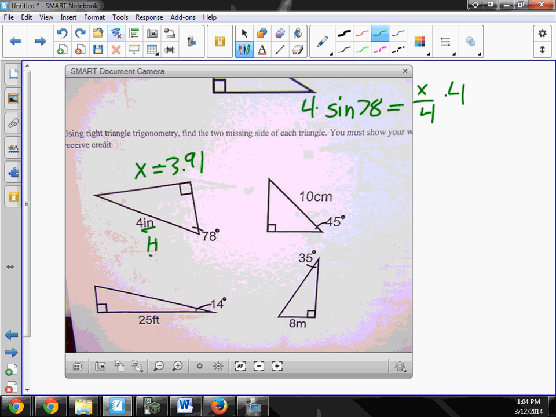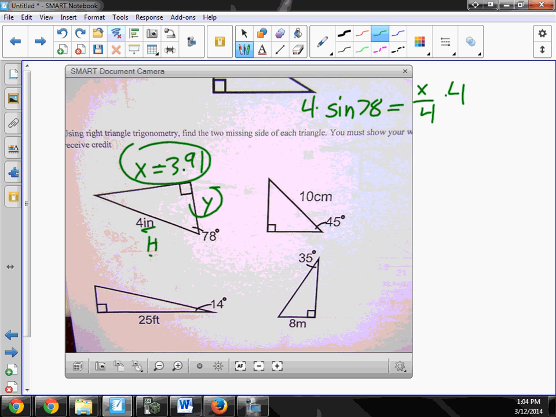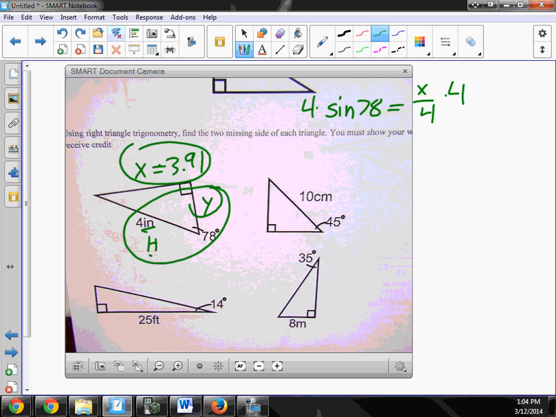Okay? So let's find the value of y. What's the name of side y in reference to 78 degrees? It's the adjacent side. Everybody get that? So I have my choice. I can use opposite and adjacent and use the tangent, or I could use adjacent and hypotenuse and use the cosine. Adjacent and hypotenuse, so let's use tangent.